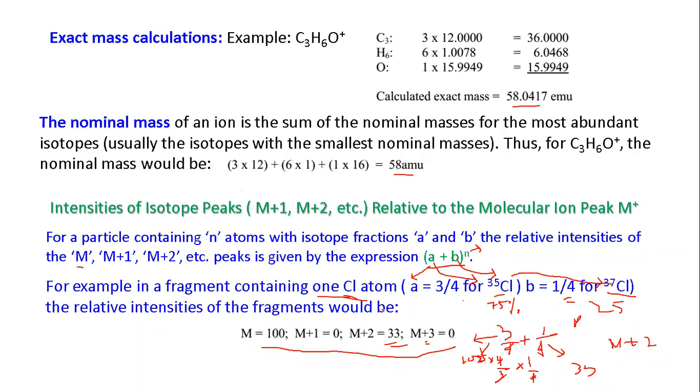C7H7Cl. You just take the nominal mass. Carbon is 12, so 12 into 7. Hydrogen is 1, so 1 into 7, and you have chlorine 35. So how much is coming?